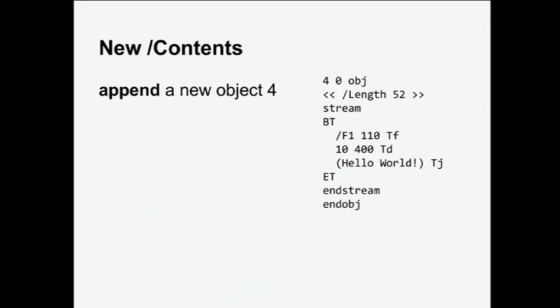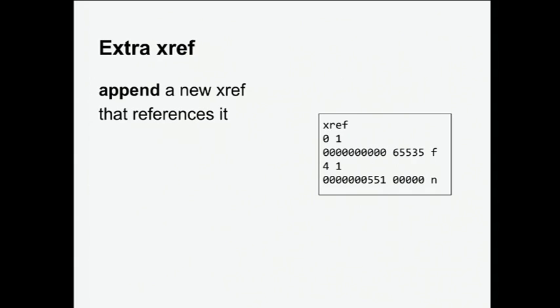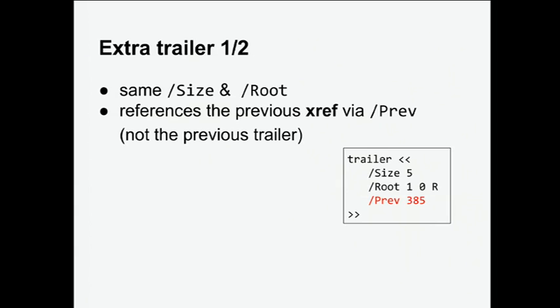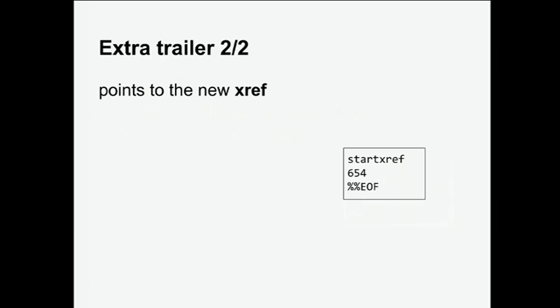Okay, now we just want to override this, we want to add a new definition of the object 4, saying it's hello world. And for that, we'll supply another cross-reference that is smaller, that just updates the object 4 with a new generation, and another trailer, an extra trailer after the previous one, that will just say, provide the same root, the same size, because we didn't add a new object, we just provided a new version of the object, and point to the previous cross-reference.